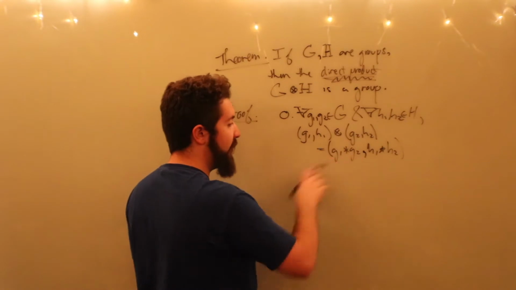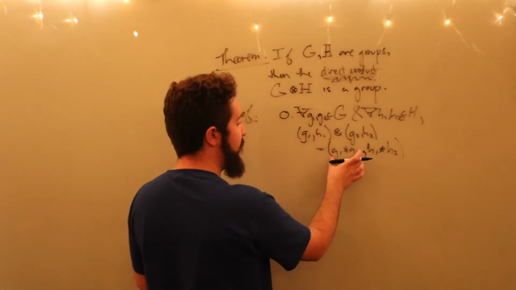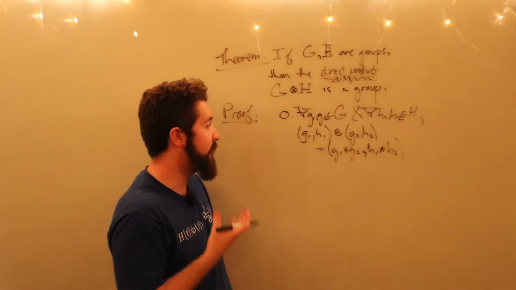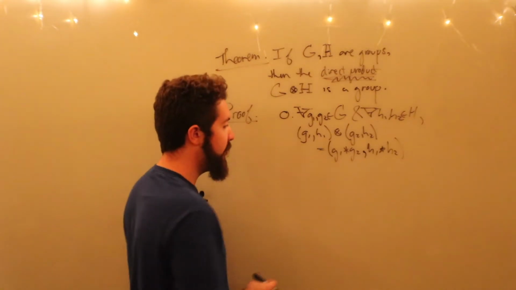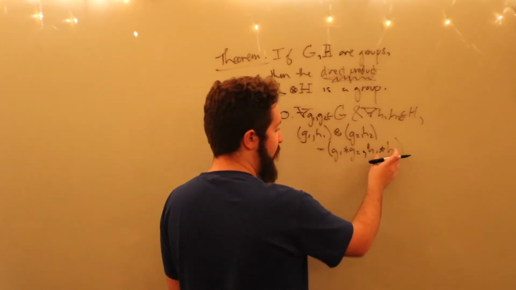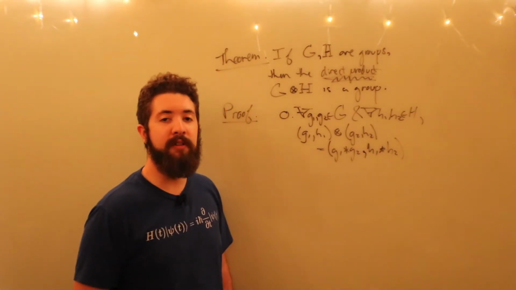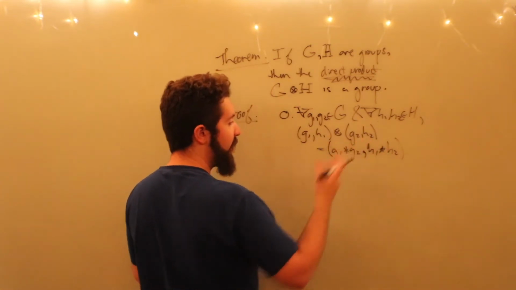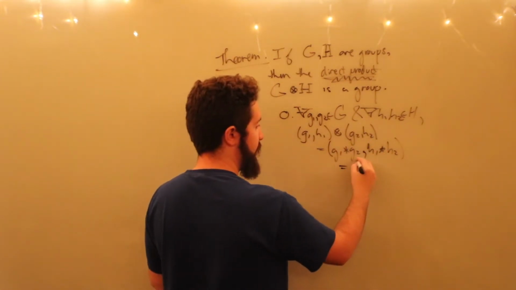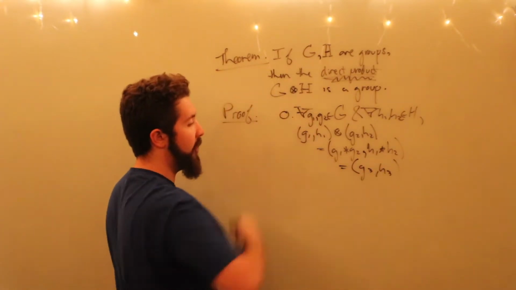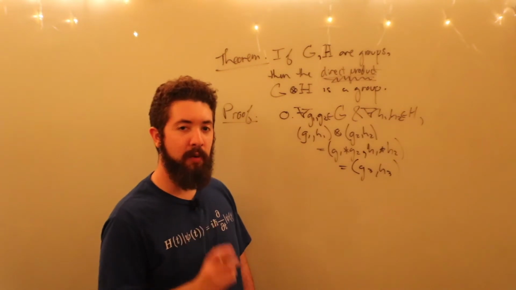Now, just by looking at this, we know that g1 star g2 is another element of G because G is a group and thus must be closed. And then h1 star h2, for the same reason, is also another element of H. So the product is another element of G direct product H. So we know it's closed.